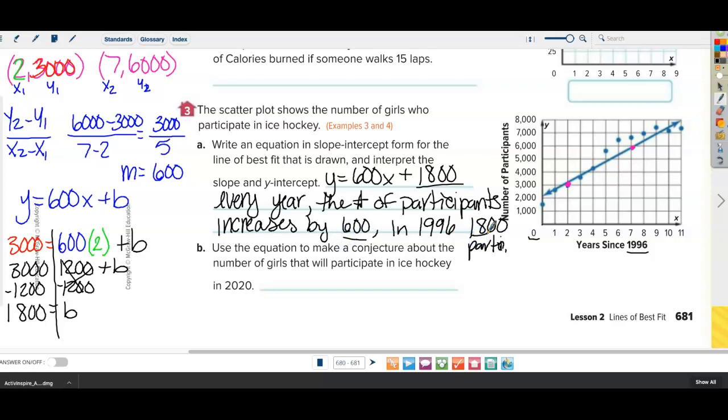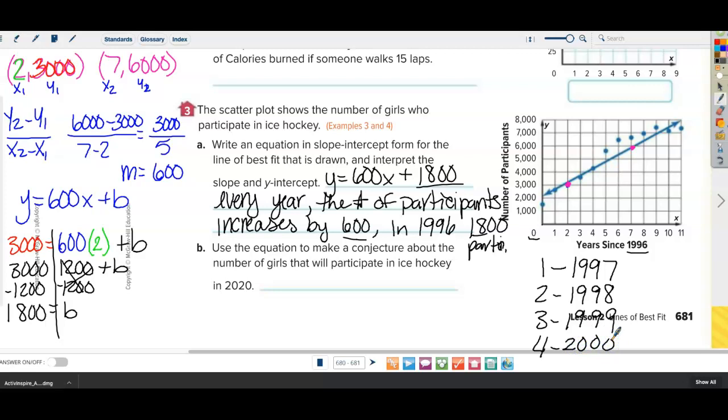Part B, we're going to use that equation to make a conjecture about the number of girls that will participate in ice hockey in 2020. Okay, so this one gets a little bit confusing because 0 actually represents 1996. So 1 represents 1997, 2 represents 1998, 3 represents 1999, and 4 represents 2000.